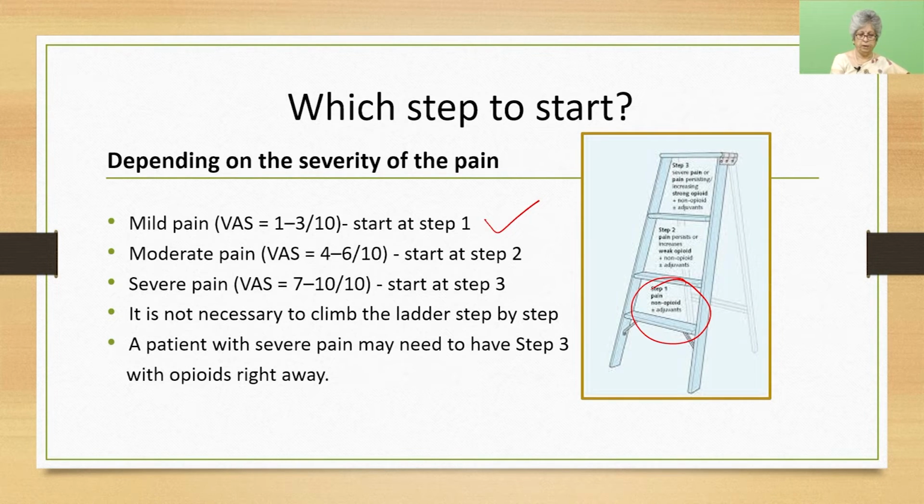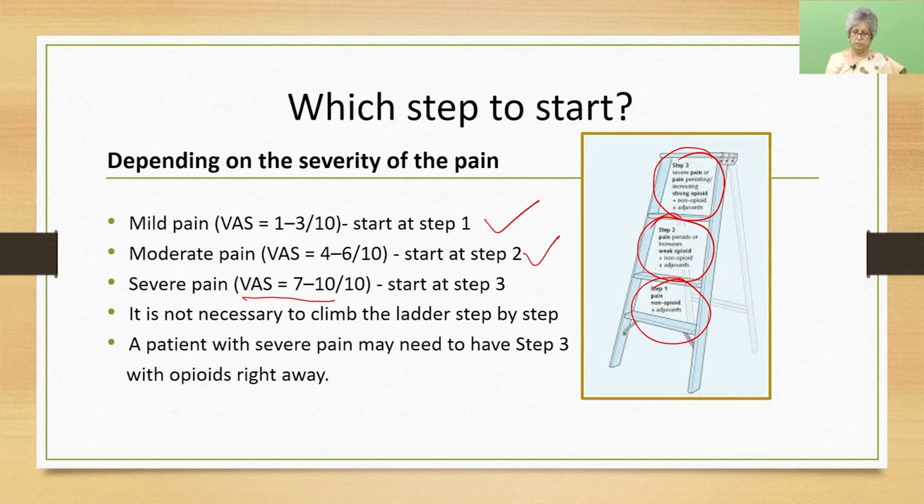For moderate pain, where the VAS score is 4 to 6 out of 10, you start step 2 drugs. When the patient is having severe pain, your VAS score, visual analog scale, which is the scale to assess the pain severity, then you start on step 3 drugs.